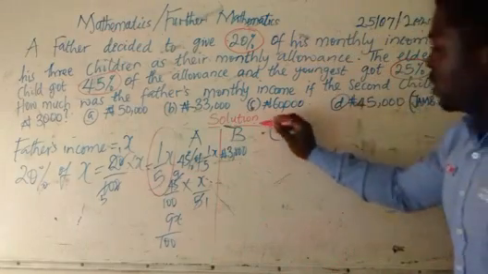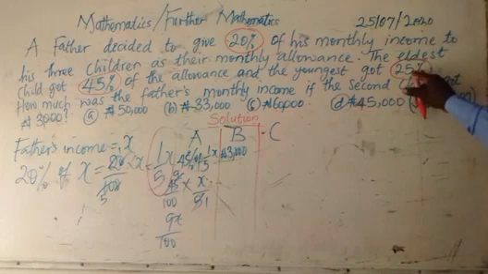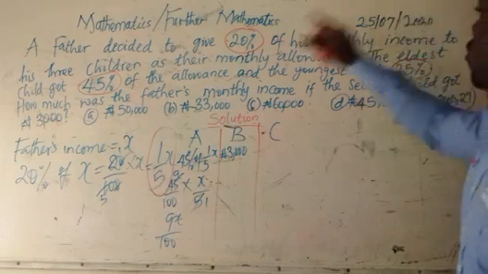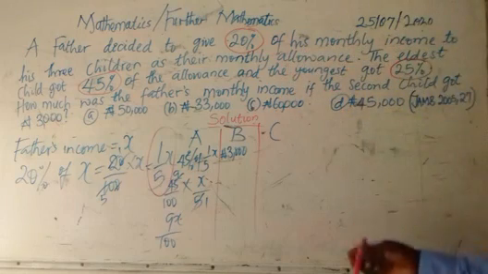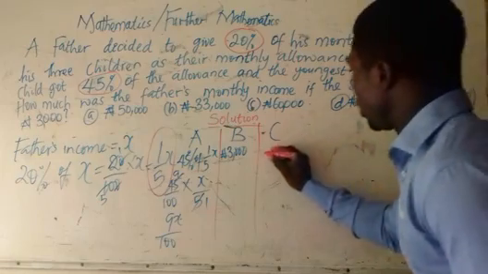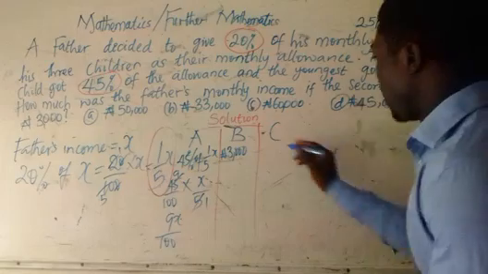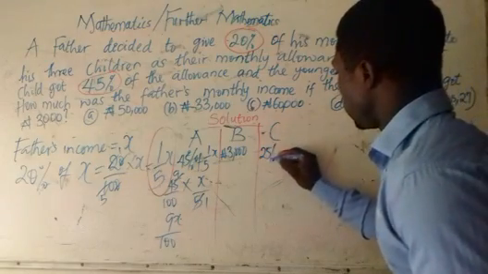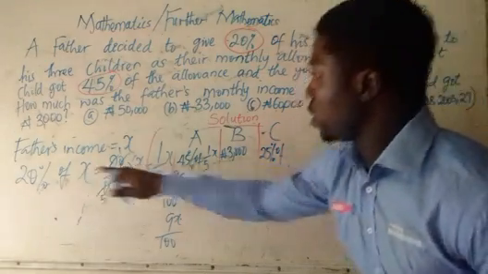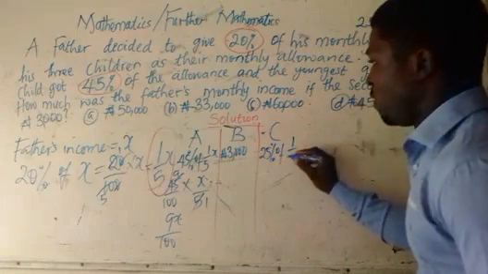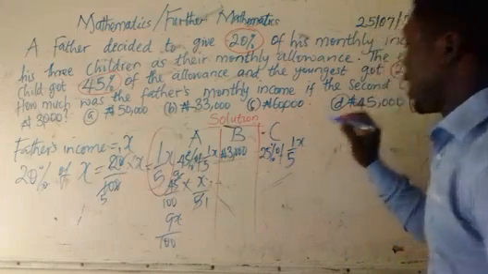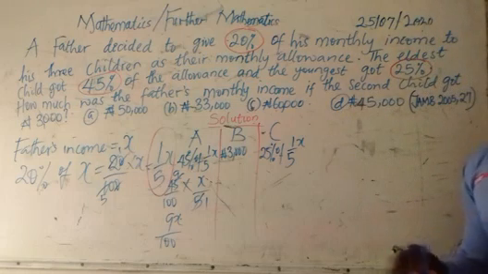Then the third child got 25% of the 20% of the father's monthly income, which is going to be 25% of 1 over 5x. That is 1/5 of x.